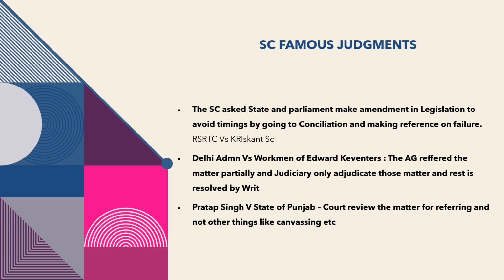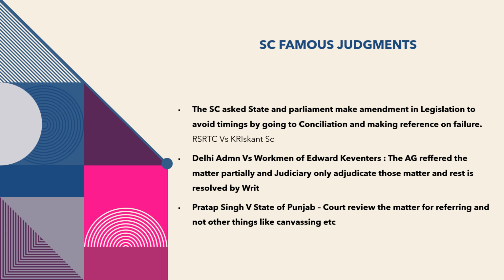So the Supreme Court asked the state governments and the central government to legislate to avoid the in-between authority, like the conciliation authority, which does not decide the matter. They are only conciliating the matter. So now most of the cases go to the appropriate government, which refers them to the labor court for adjudication. The time spent by the aggrieved party is more. So they observed this in the case.